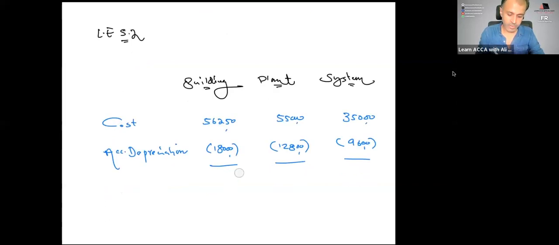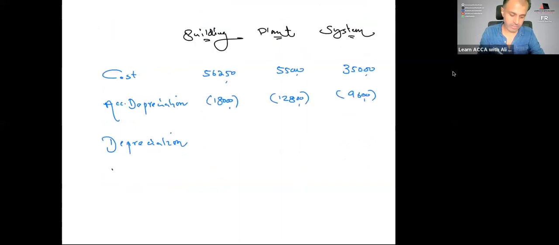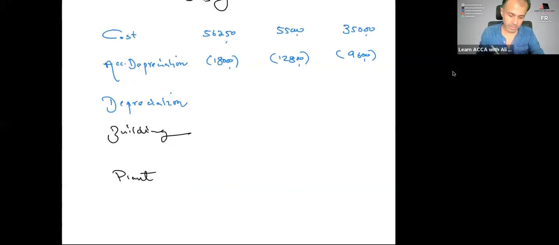So I have ended up working the carrying amounts, but I now have to depreciate for this year. Starting off with the building first, we will take plant next, and then we will take system.